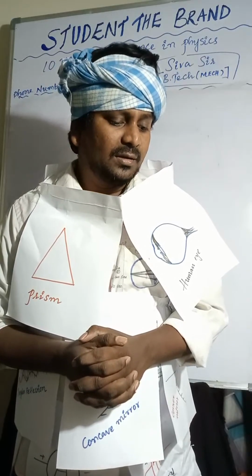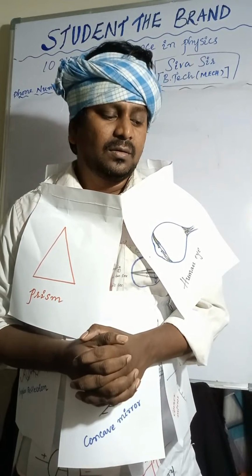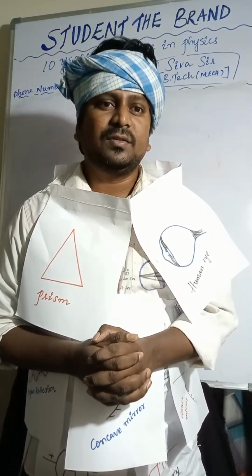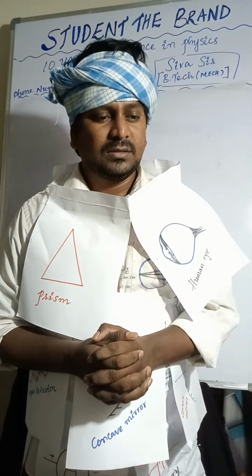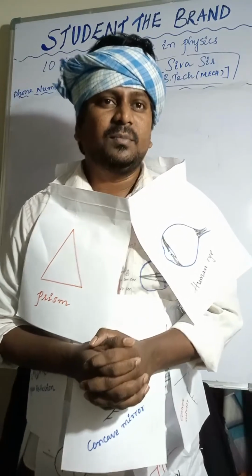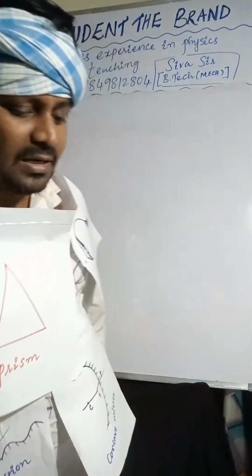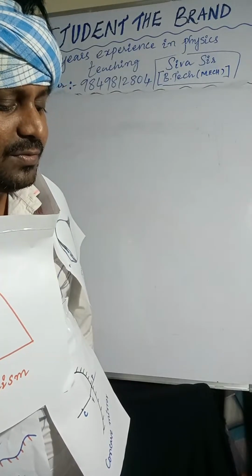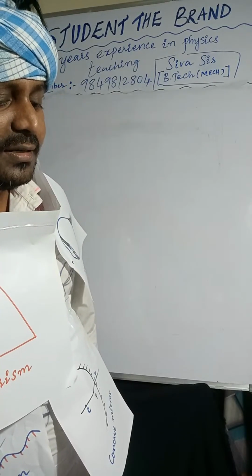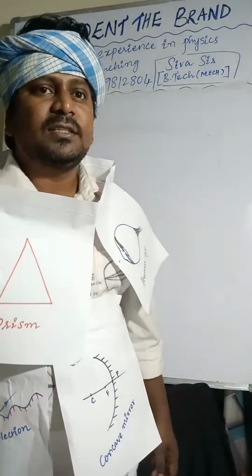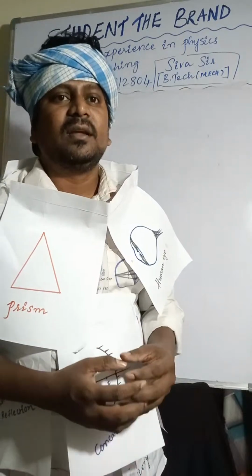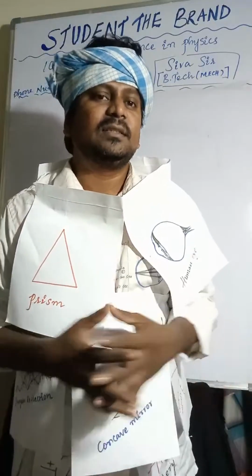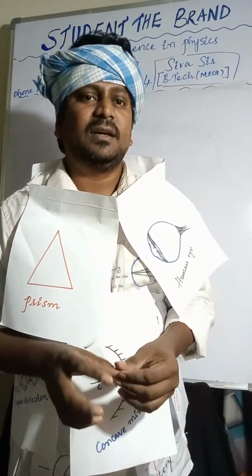And we'll discuss Fleming's left-hand rule, and that a current carrying conductor placed in a magnetic field experiences force. So related to these points, we'll discuss in the magnetic effects of electric current.